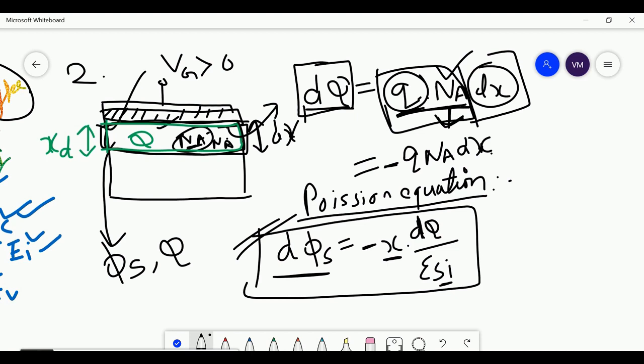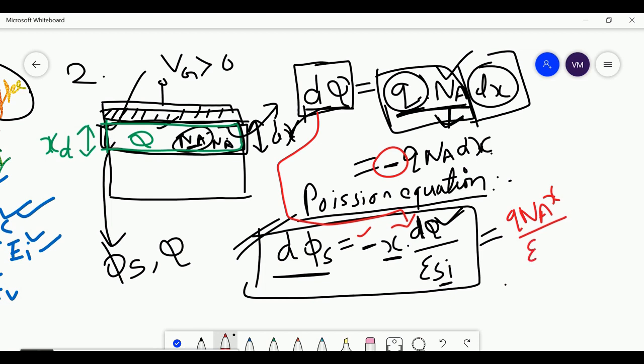Fine. Now using this, what will I do? I will put the value of dq from this equation, and let's see what will come. It comes out to be, since this is having negative and this Poisson equation is also having negative, they become positive, and the total expression is something like this: q na x divided by epsilon si dot dx.